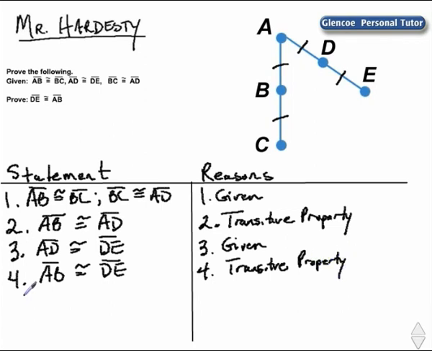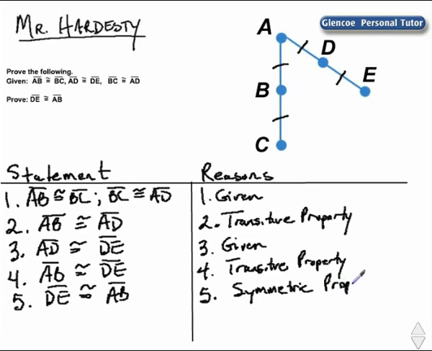Finally, in step 5, if we rewrite step 4 by putting segment DE first and segment AB second, using the property of symmetry, we will have formally proven, using a two-column proof, that segment DE is congruent to segment AB.